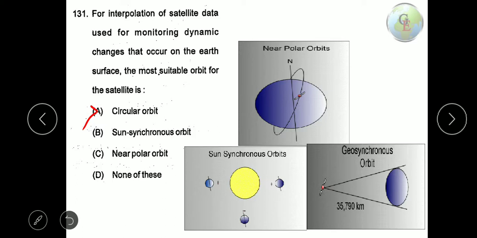It is important, when viewed from the Sun. Means wherever part of the earth is illuminated by the sun, the satellite will be over that part only. So it can easily inspect the dynamic changes on the earth's surface. So here the answer will be sun synchronous orbit.